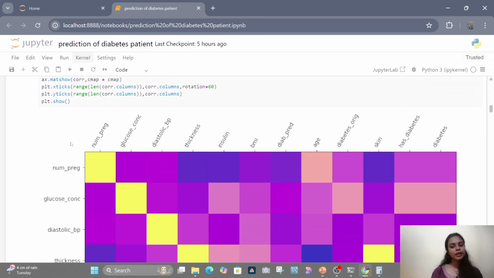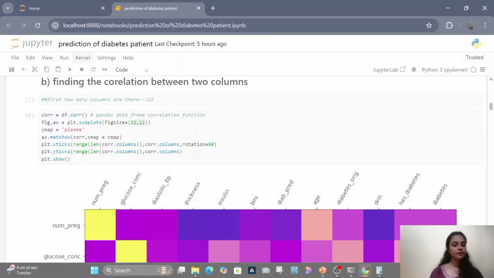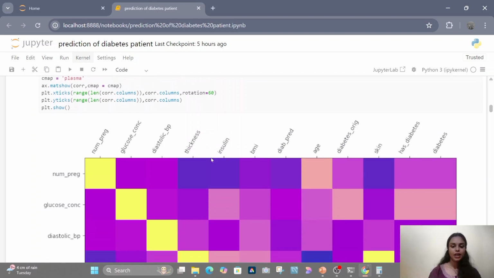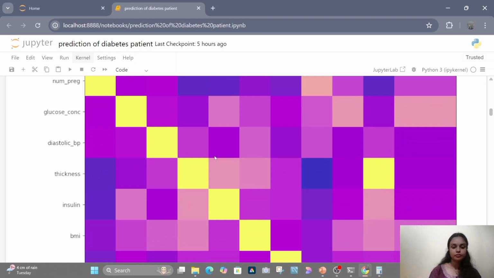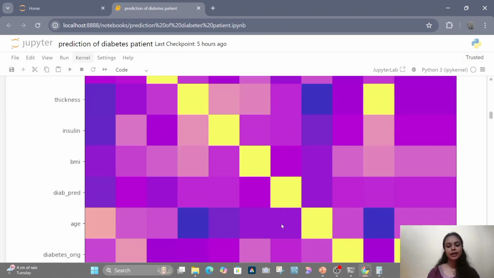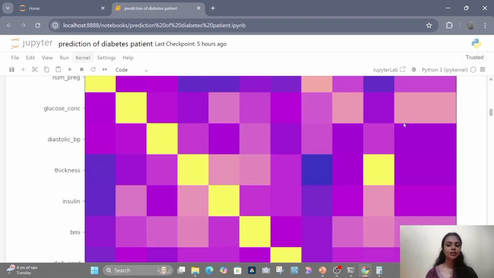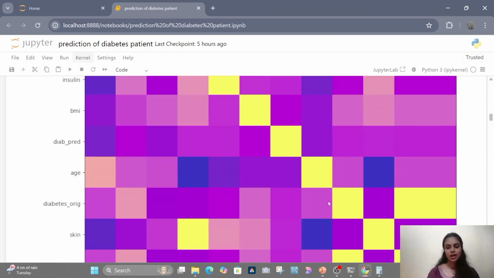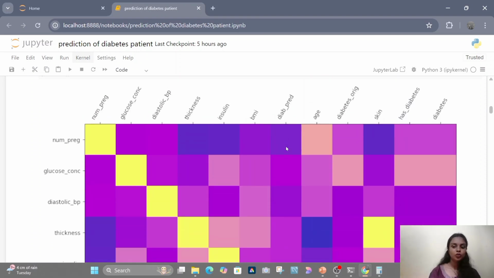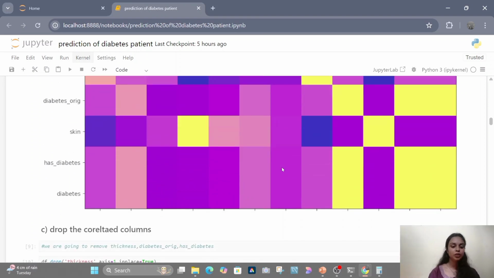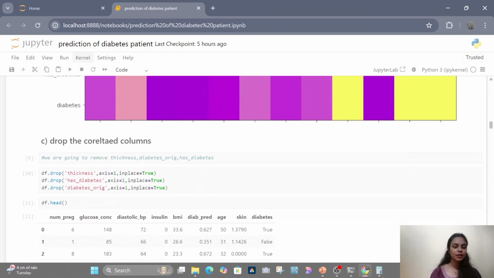Now let's find the correlated columns using the correlation function of the pandas data frame. Except the diagonal line in yellow color, if we see any other yellow spots in this graph, over here and here, that means those columns are correlated and we have to drop one of the columns. So I'll be dropping thickness, has diabetes and diabetes origin.